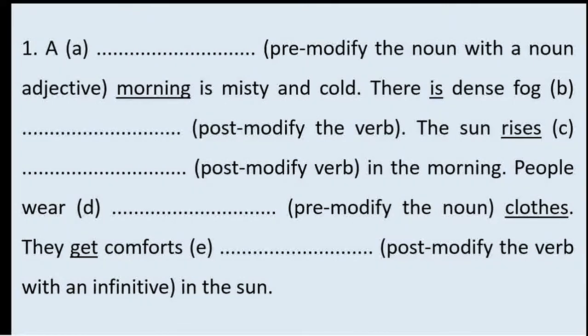If we write nowhere, will this be correct? There is dense fog nowhere. We are speaking of winter morning, and we know that in a winter morning there is dense fog everywhere. So the correct word is everywhere, not nowhere or here only. There is dense fog everywhere.